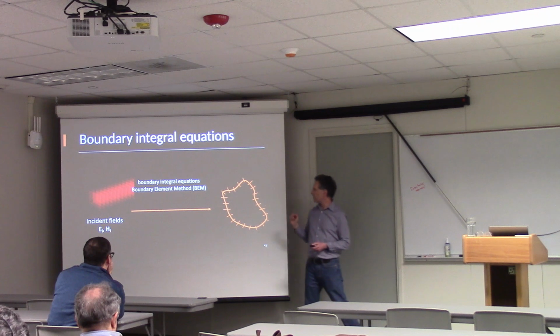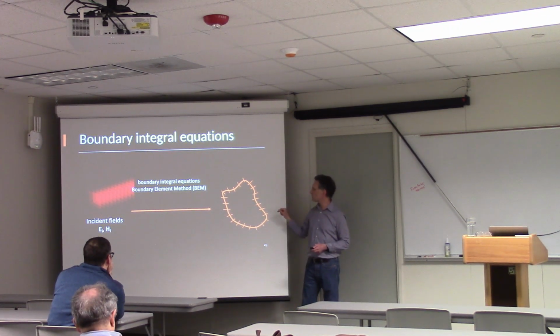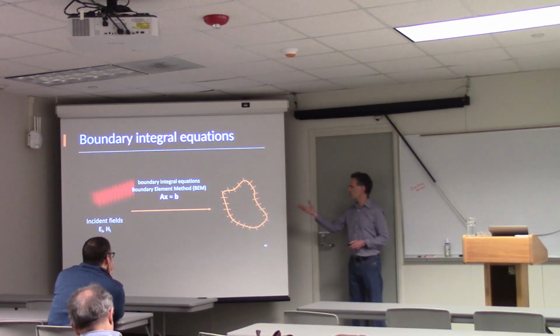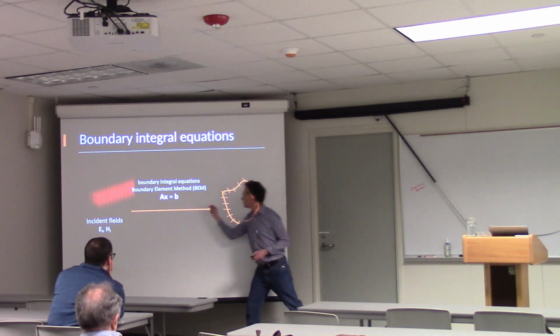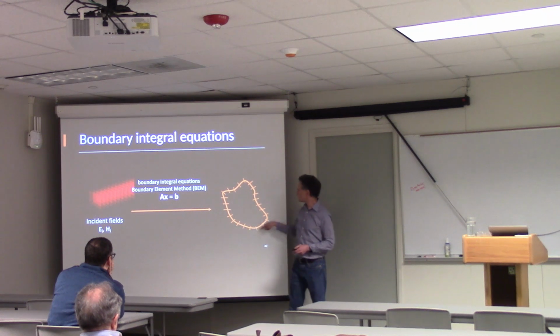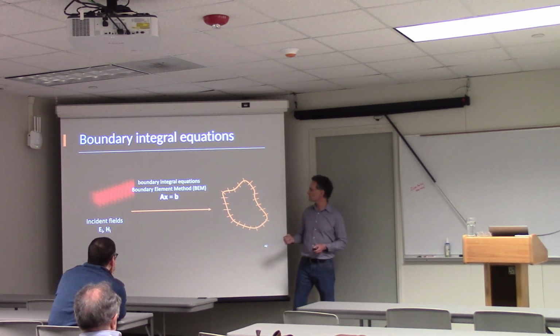So the boundary element method is to take that integral equation on the boundary, discretize it using finite elements, and lo and behold, you get a linear system that you can solve, where the unknowns are the currents on the surface. They're the coefficients for a bunch of basis functions for the currents on the surface.